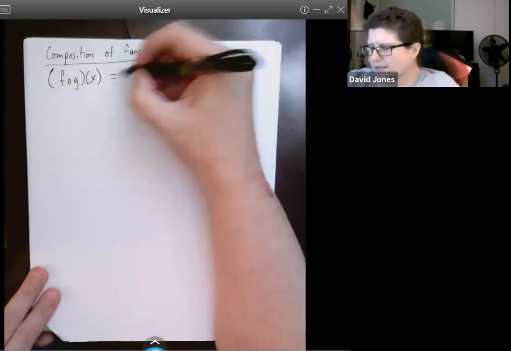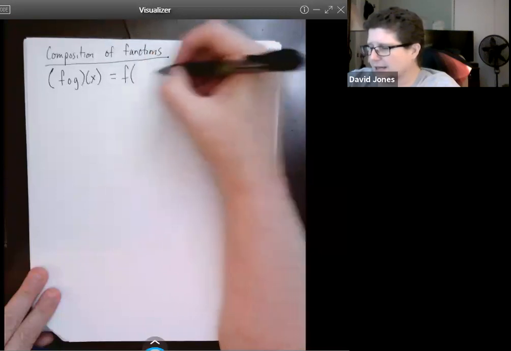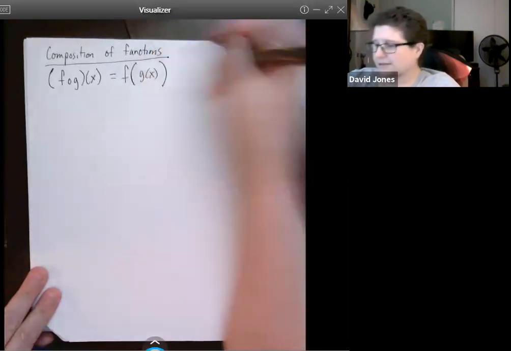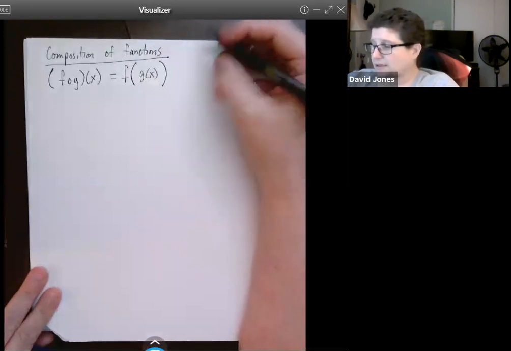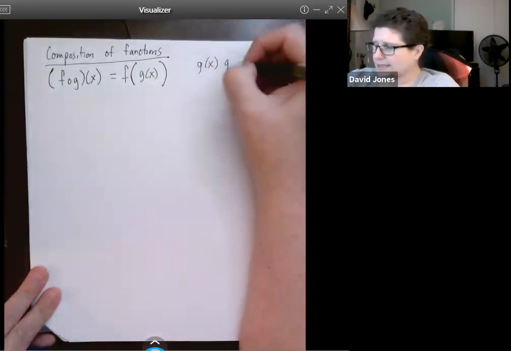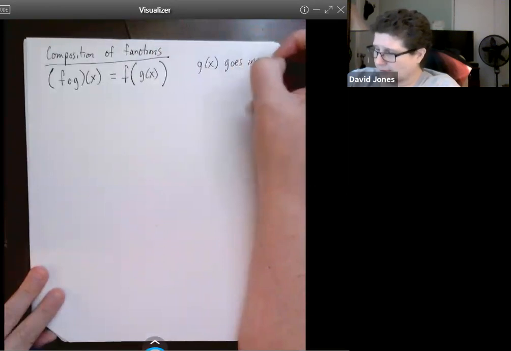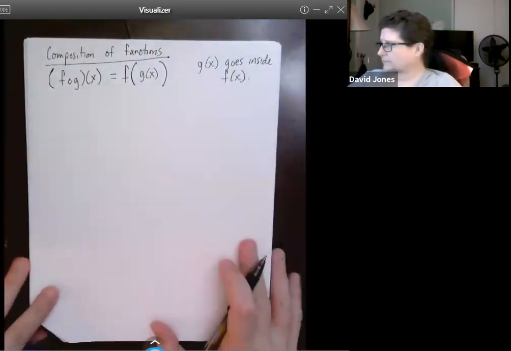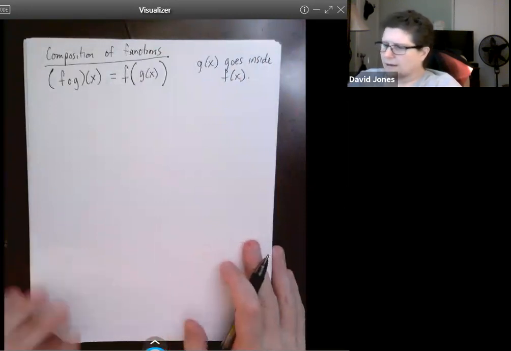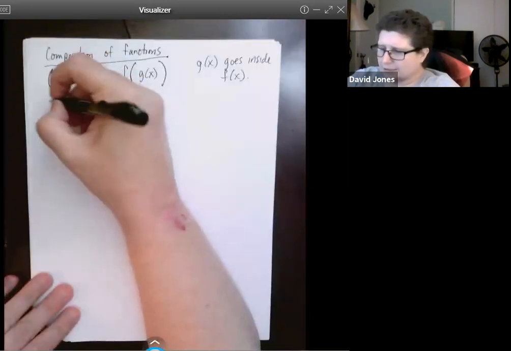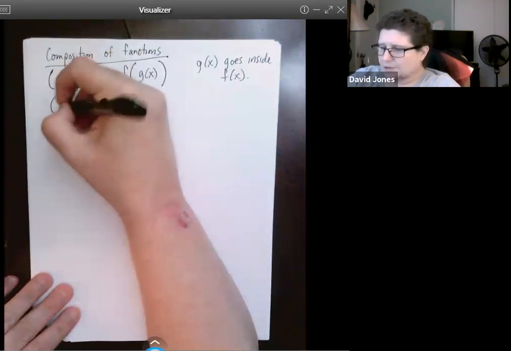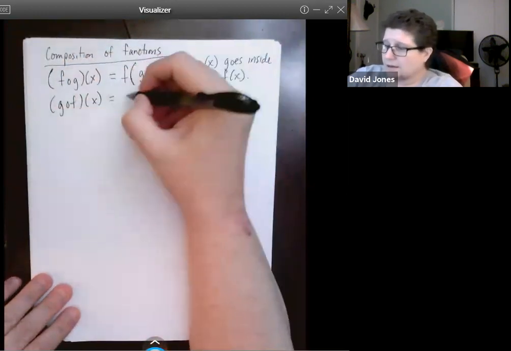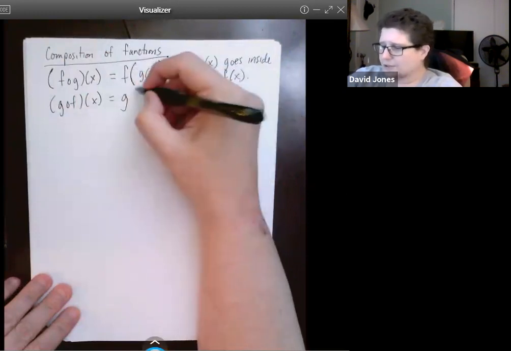What this means is we're going to take f of x and we're going to put g of x inside of it. G of x goes inside f of x. And this is different than doing the other way around. We have that, f goes inside g.